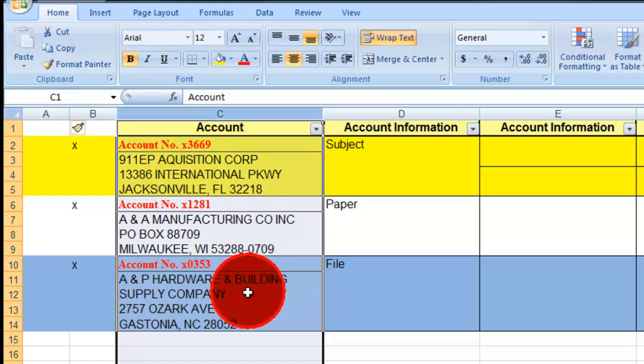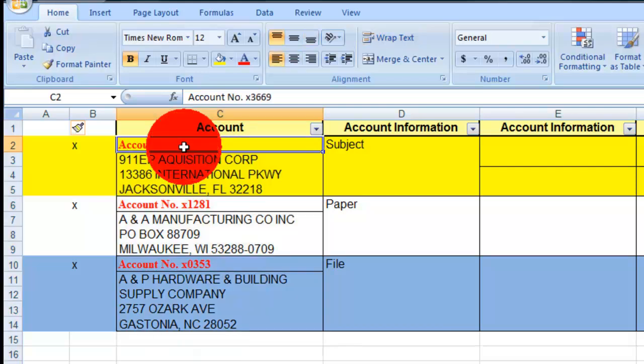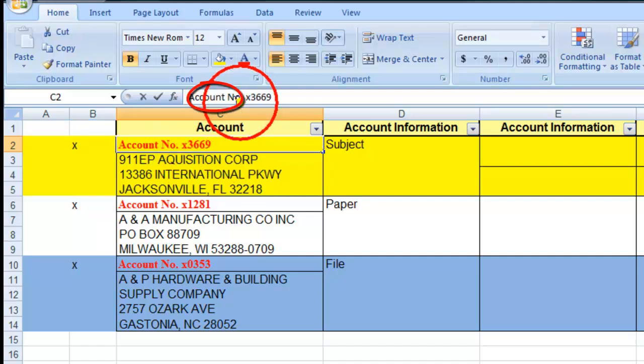Based on looking at 3 of these accounts, I know when each account starts and when each account ends. Anytime an account starts is when the left 10 characters of a cell in column C are "account numbers". For example, account number 1 starts when cell C2's left 10 characters are "account numbers", as you can see right here.